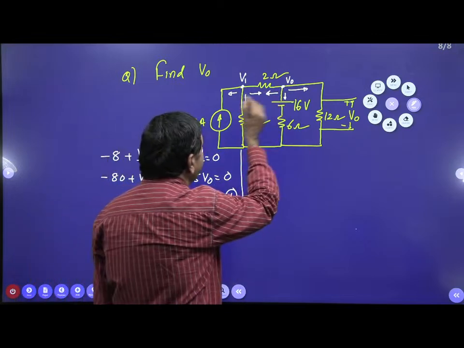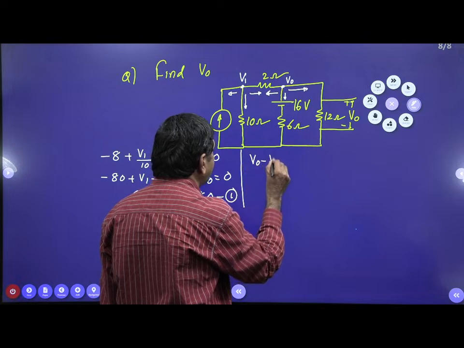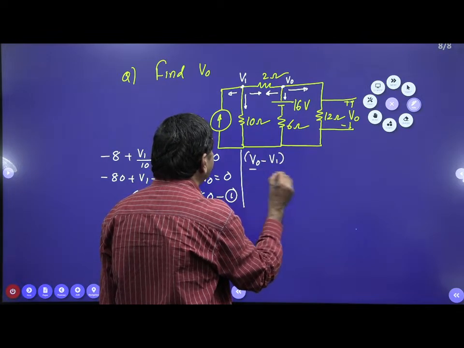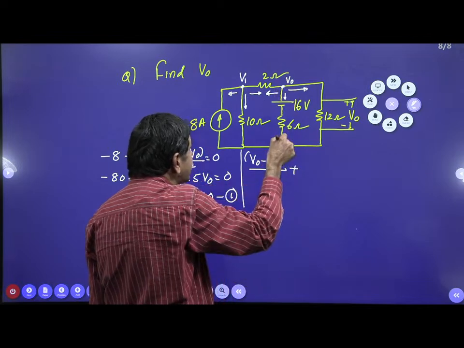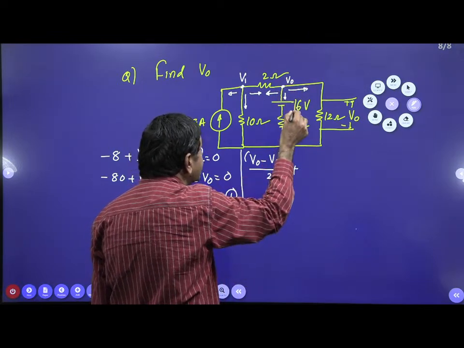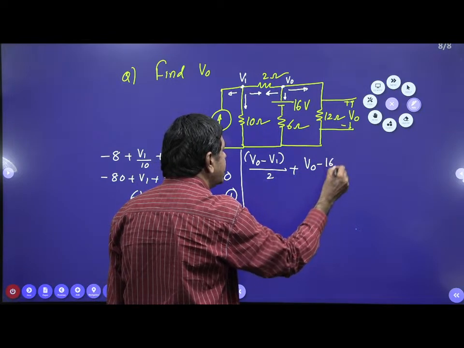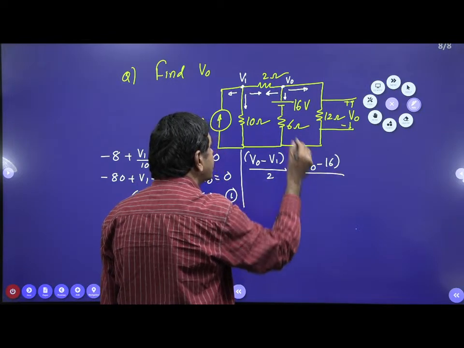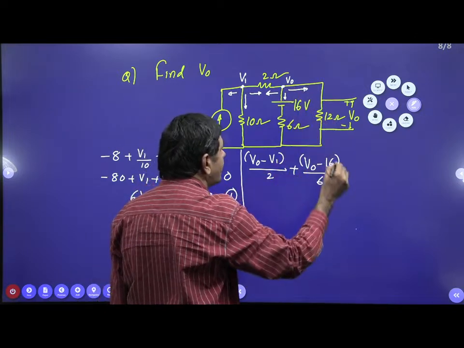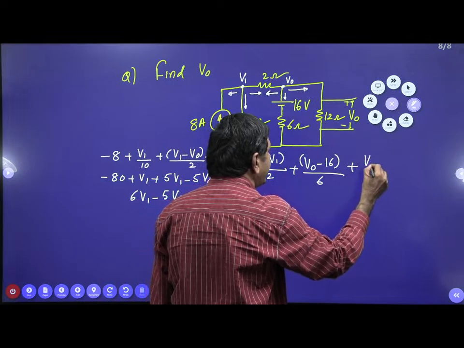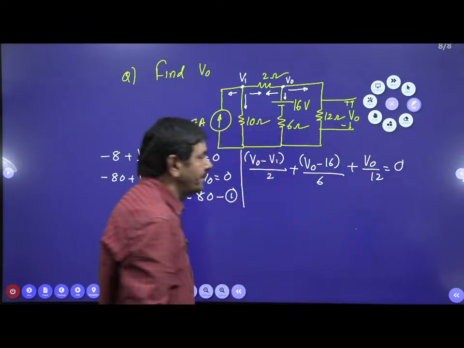This side current I can take as V0 minus V1 by 2. The current passing this side is V0 minus 16 divided by 6. What about this current? V0 by 12. Summation of all the currents equal to 0.